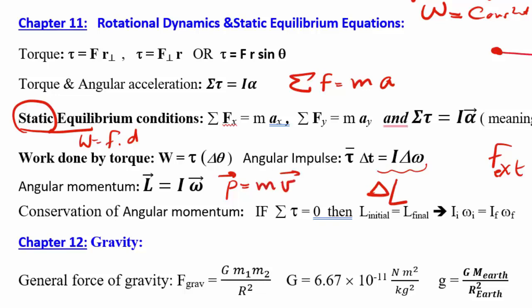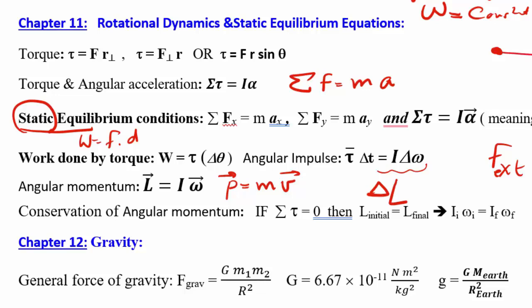Instead of m in linear motion, we have I in the rotational motion. And instead of v in the linear motion, we have omega in the rotational motion. And of course, p will be replaced by L, where L is the angular momentum.